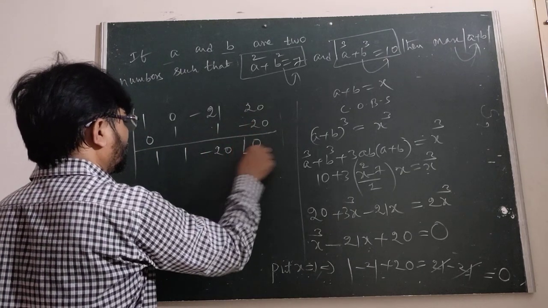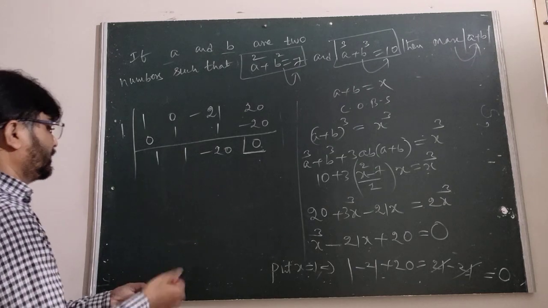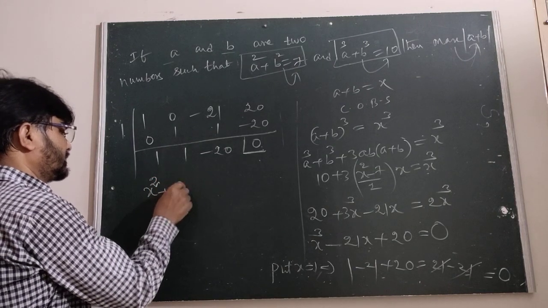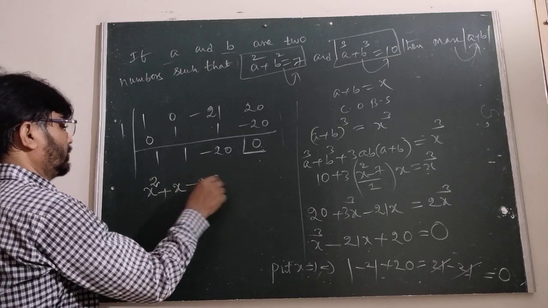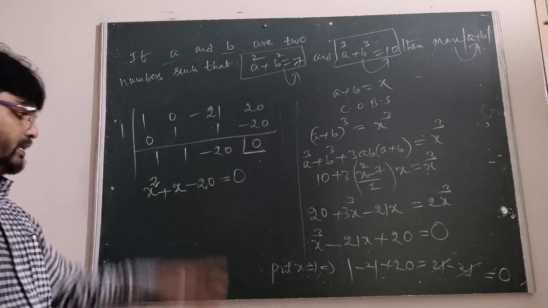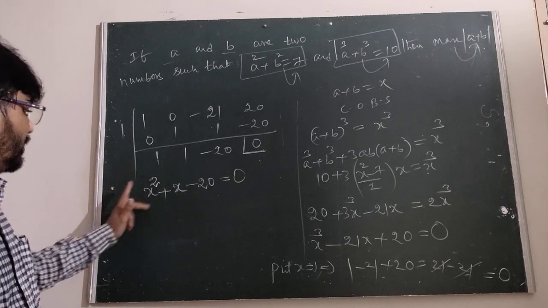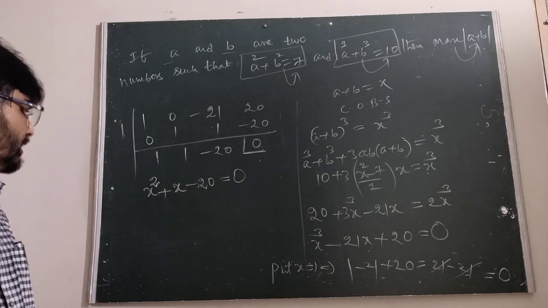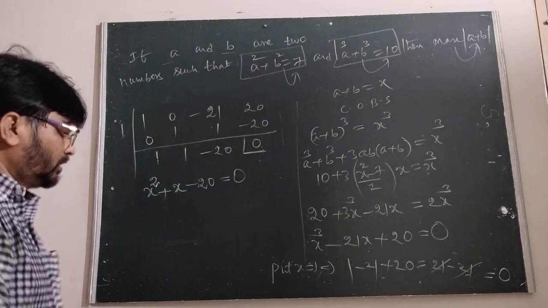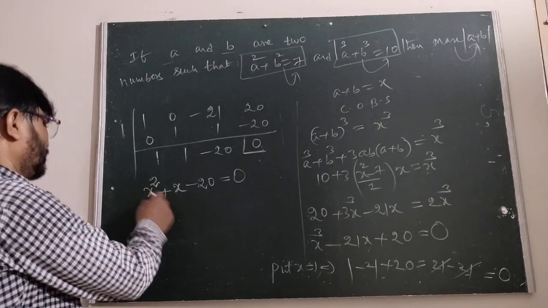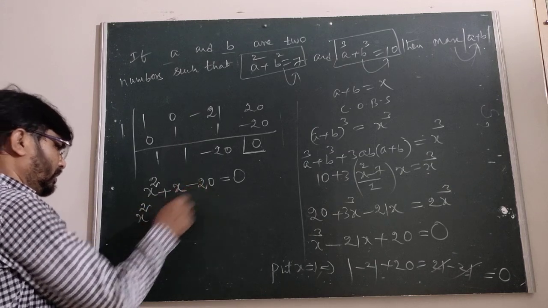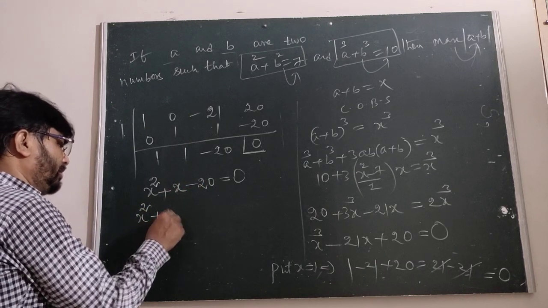Therefore, now here we are taking X square plus X minus 20. Now we can expand into the factors of 20, which are 4 and 5, so X square plus 5X.